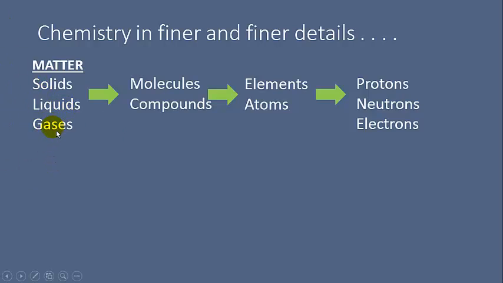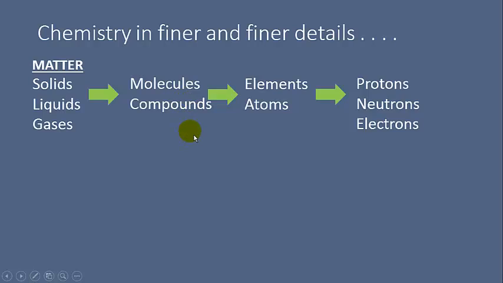And gases, we can really describe them in terms of odor, perhaps. We can describe them in terms of mass. But the bottom line is that our senses, whether it's taste, touch, eyes, or odor, we can really describe matter in a macroscopic sense.